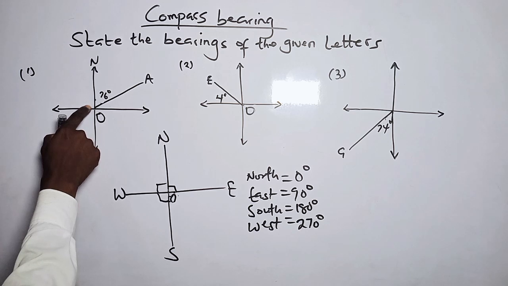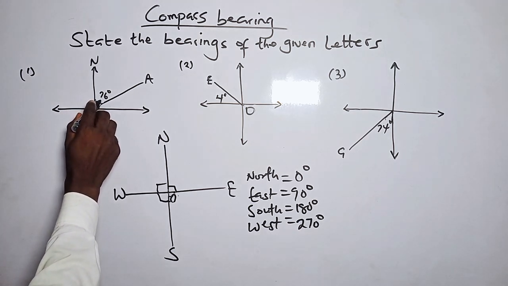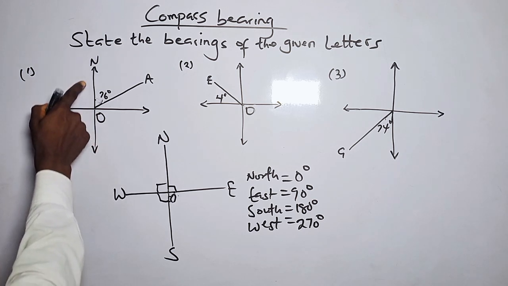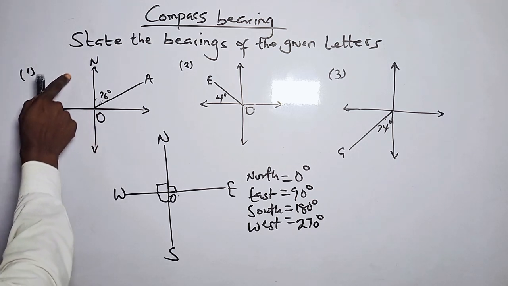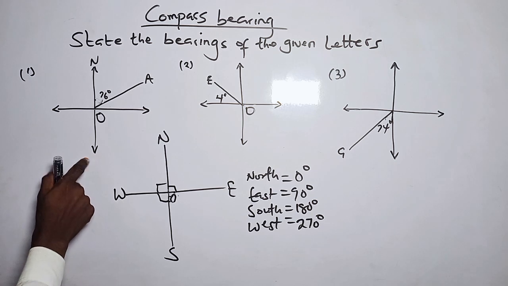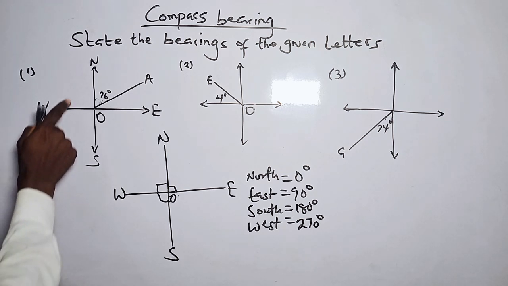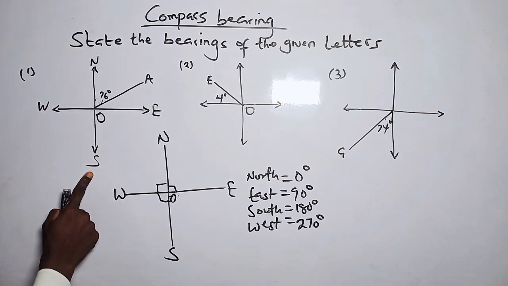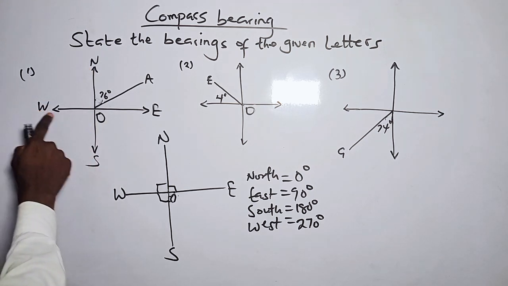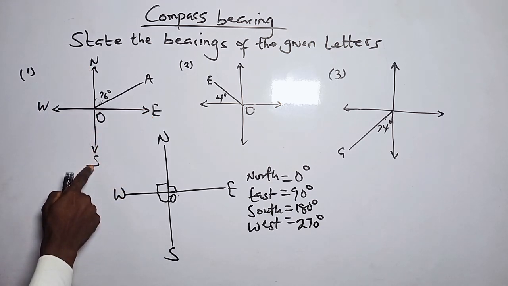When we look at this, we see that the angle formed is coming from the north, so we can make reference to the north. It's either we measure from the north or from the south. We can't measure from west or from east, so we start either from the north or the south.